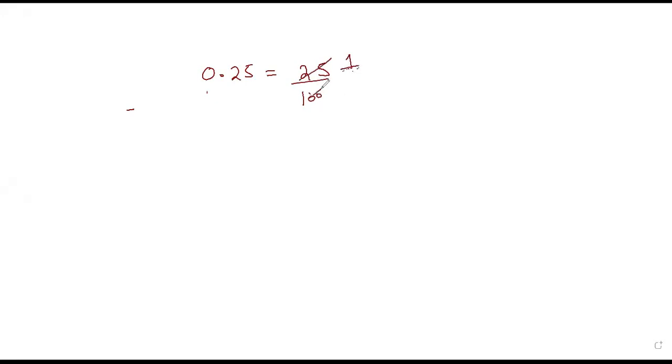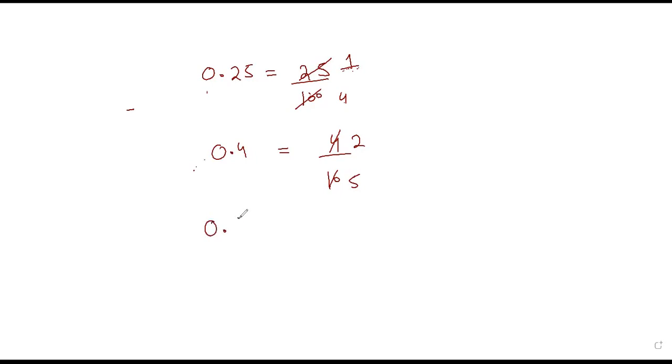So it's 1 times and 4 times. For example, let's say it's 0.4. I just have one number after the decimal, so I'll do 4 divided by 10, and I just need to simplify it. So it's 2 times and 5 times. So 0.4 is 2 by 5.